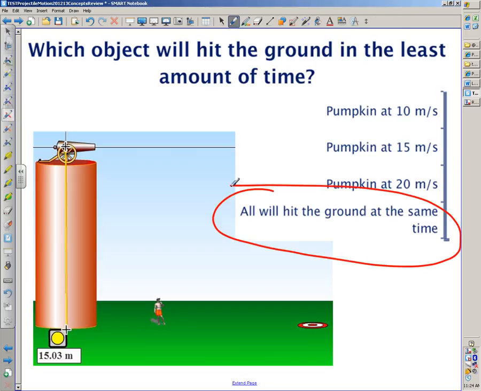Answer is all are going to hit the ground at the same time. Because what causes them to hit the ground? What causes them to move downward? Gravity. Does it matter how fast I shoot them horizontally? Does not. Regardless of how fast I shoot them horizontally, they will all hit the ground at the same time.